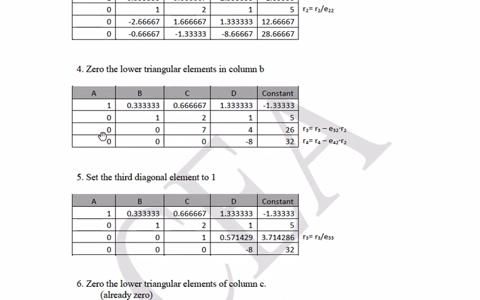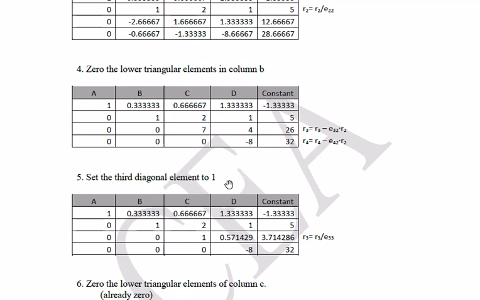After zeroing in this one, the next step is to make this element into 1. We need to make this third diagonal element into 1 because our target is to make the diagonal elements 1.